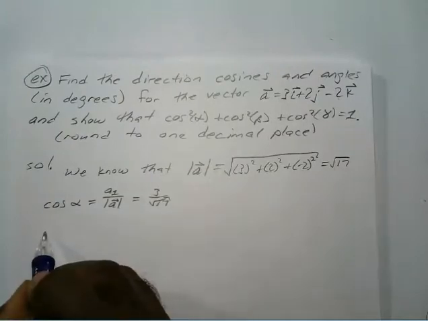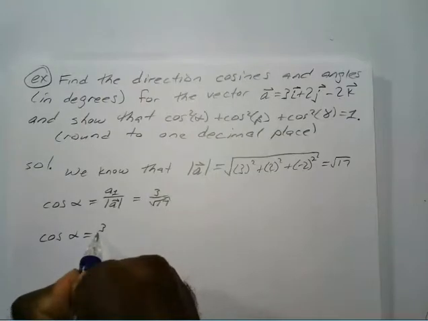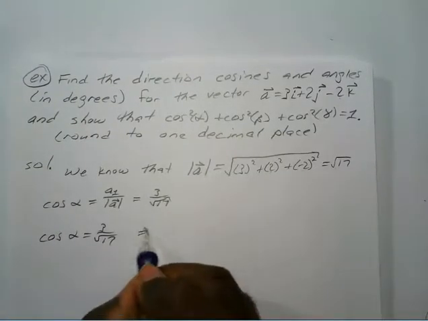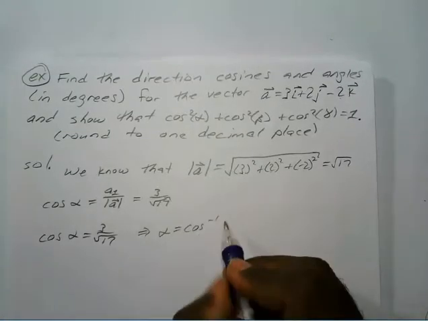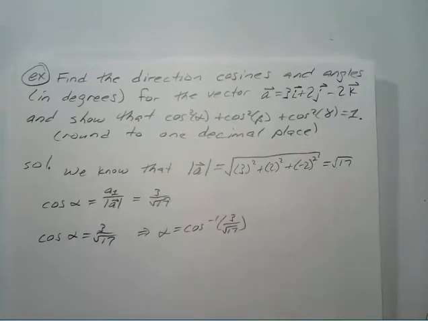Okay, so cosine alpha equals 3 over square root of 17, which means that alpha is equal to the cosine inverse of 3 over square root of 17.